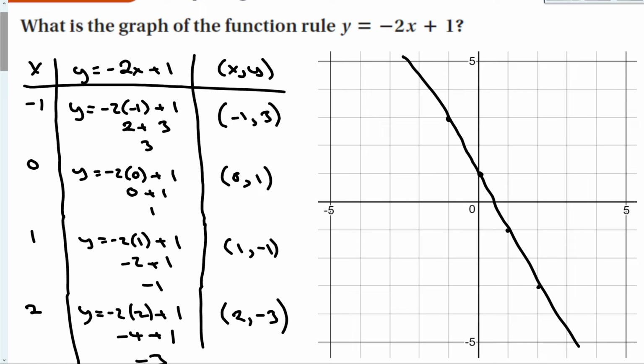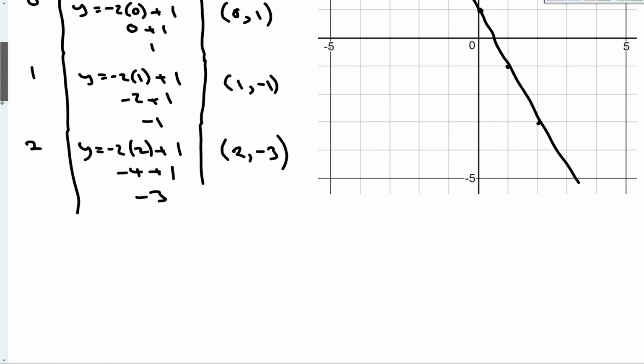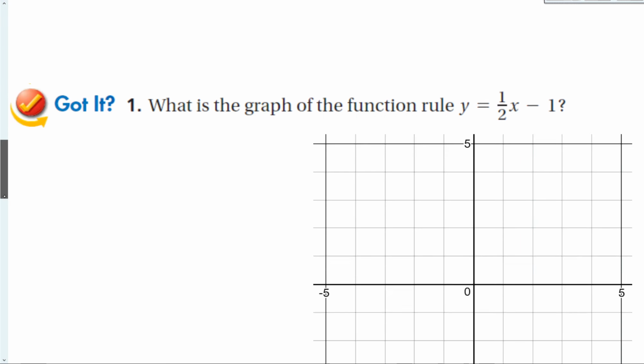And this method of making a table and plotting points will work for any function that we want to graph. Anything. Now, as we go forward, we're going to learn little tricks to make graphing faster for whichever function we're going to graph, but we can always fall back on this method if we have to.